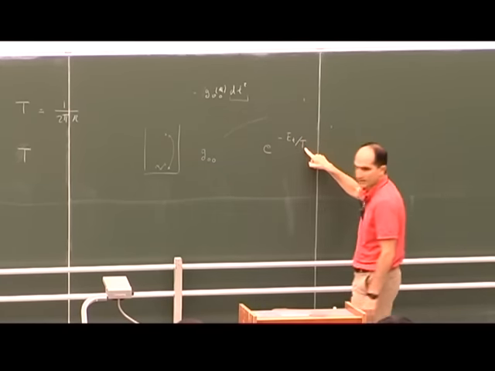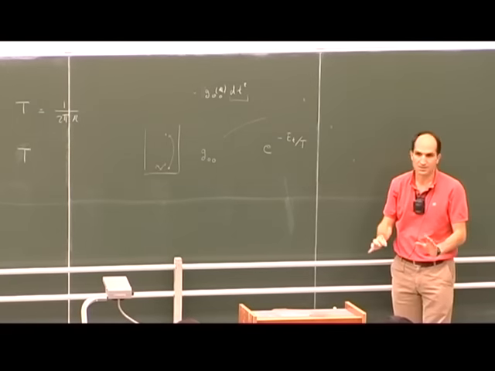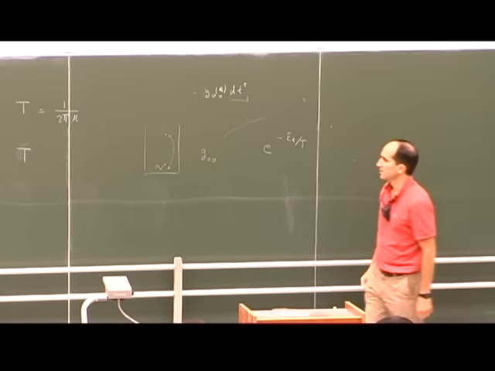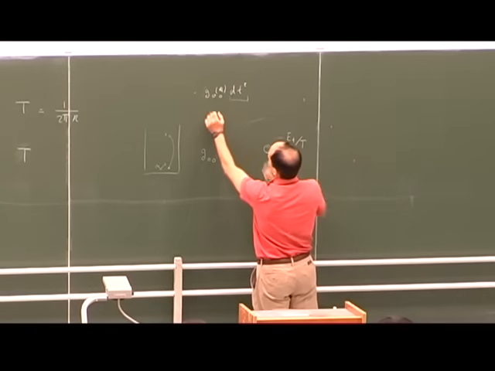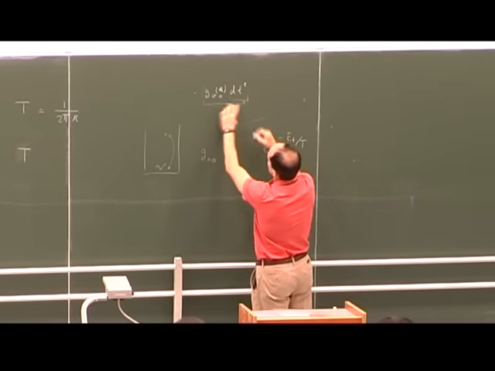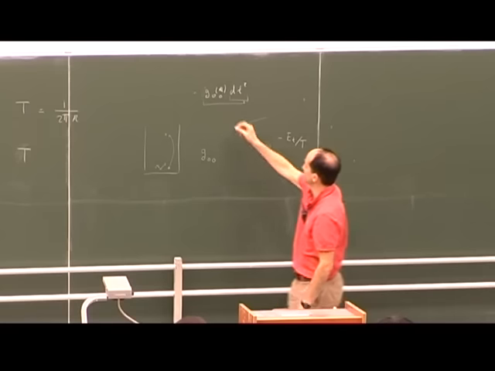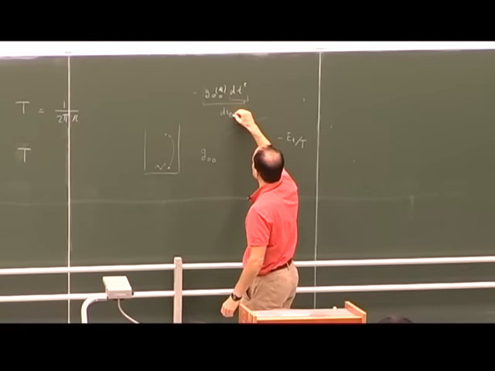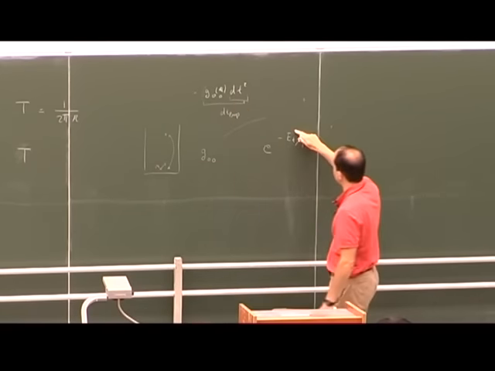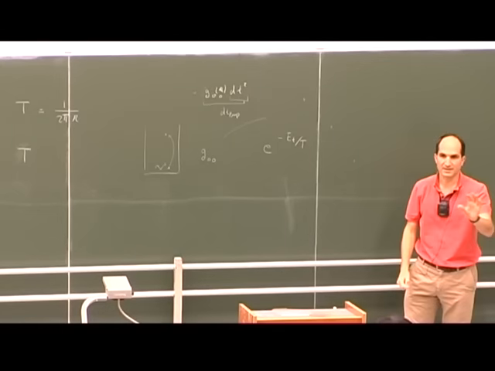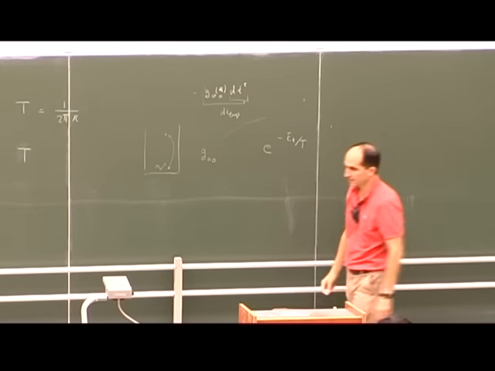The temperature defined this way will be the constant temperature. But the proper temperature, which is defined with respect to proper time, will not be constant. If this is dT proper, and we replace E proper by T proper, we will find the proper temperature, which actually depends on R. Okay?